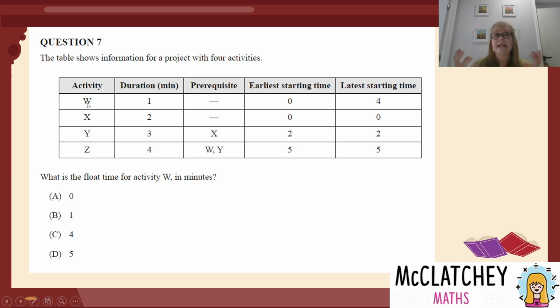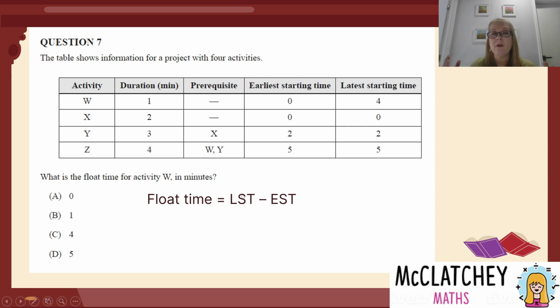So basically it's asking us, I could sit there and draw the whole network if I wanted to. It's not really helpful because I know from my formula that the latest starting time, take away the earliest starting time, take away the activity duration if it's later in the network, would give me my actual float time.